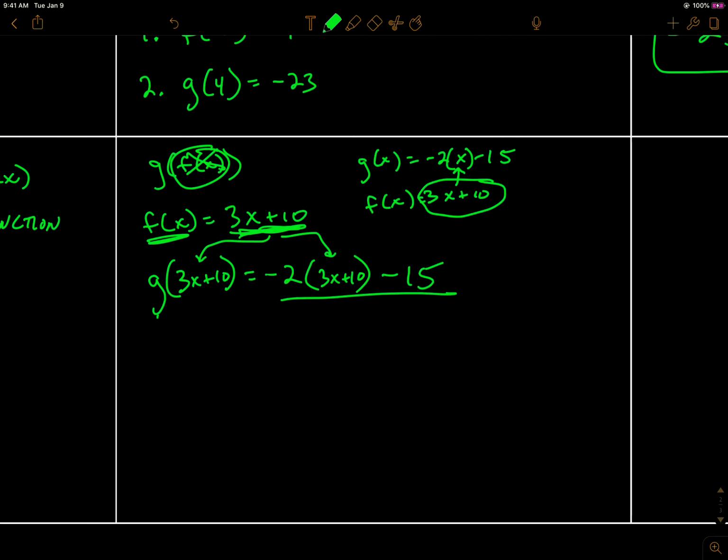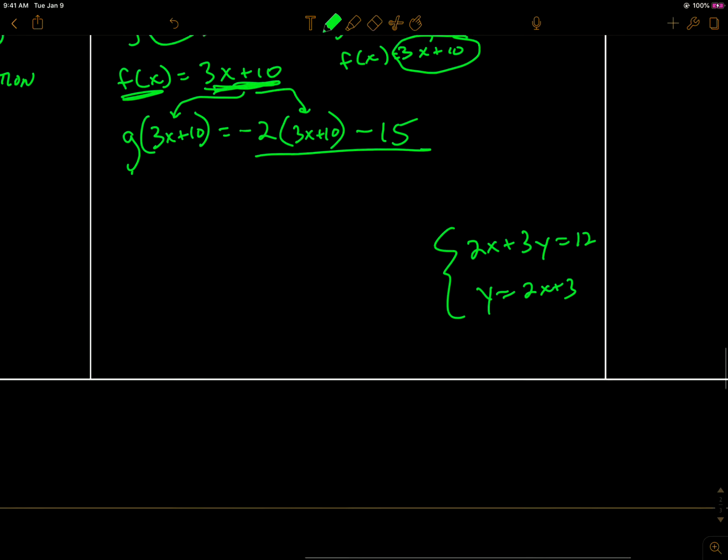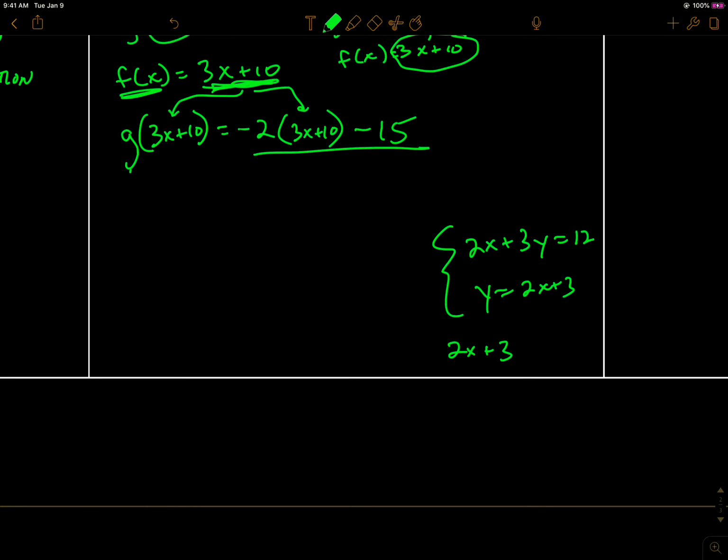It should look familiar. You do this already when you simplify, or when you solve a system by substitution. You go y equals 2x plus 3, and so on. Those are probably bad numbers because they're a little confusing. But we take this and we substitute it in for y.